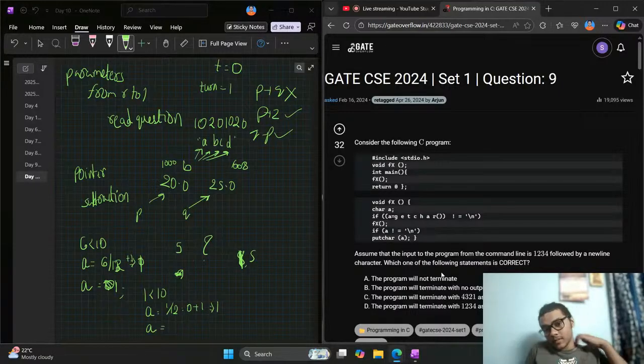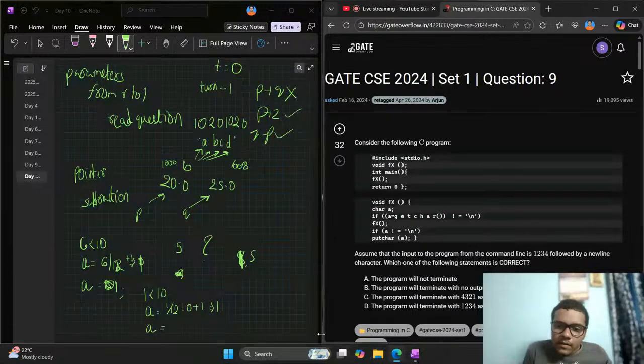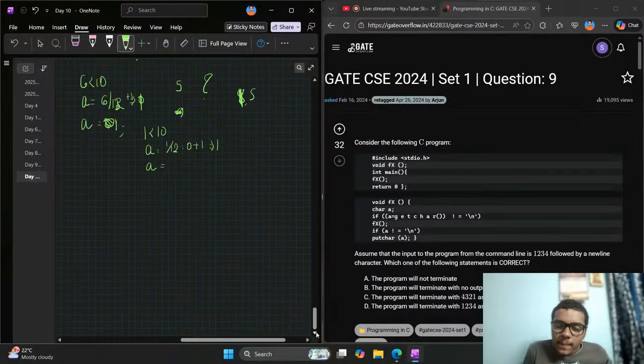F of x into main, f of x returns 0. So f of x character A, if A is equal to getchar.